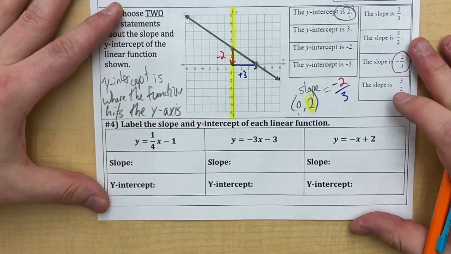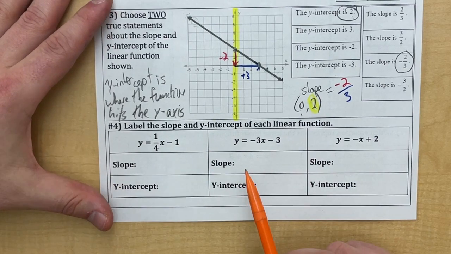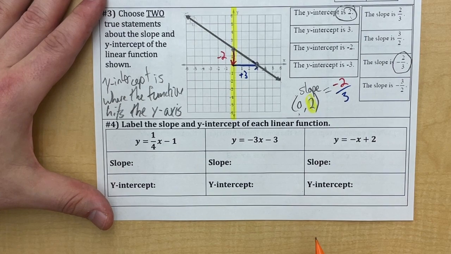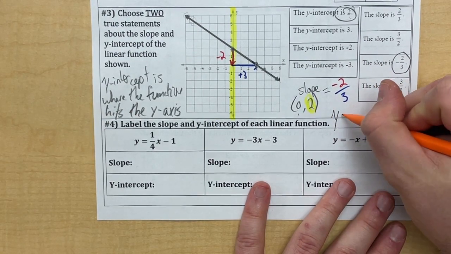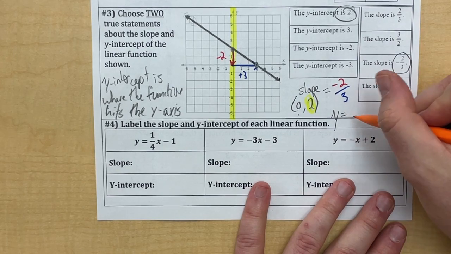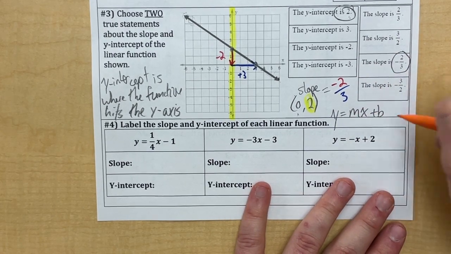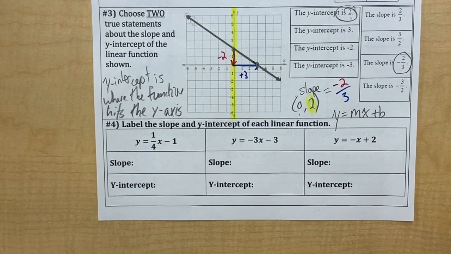And at the bottom of this first page, I should say, label the slope and y-intercept of each linear function. So always have your equations set up like this. It should always be y equals m times x plus b. And for some reason, a lot of people are messing this up, but that's okay because we're practicing now.